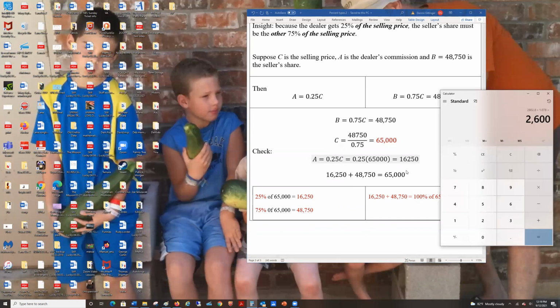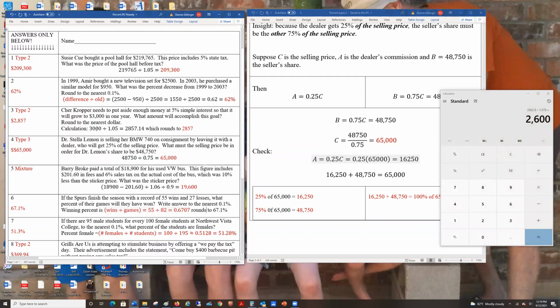Let's now look at some problems that you've seen before. We've already worked problem 1. I've labeled it a type 2 problem. And problem 2, if you're going to put away some money at 5% interest, then it's going to grow to $3,000 in 1 year, but you do not figure out how much to deposit by taking 5% of 3,000, because that is 150 bucks.